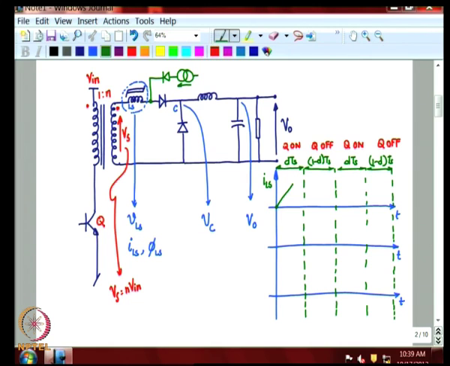At the same time, let us say the flux is also having the same pattern, increasing along with the current, only the rates are different.